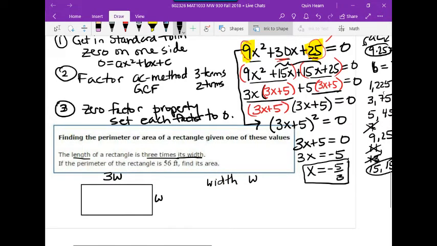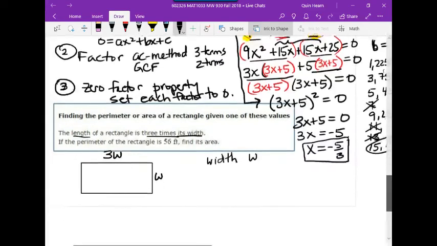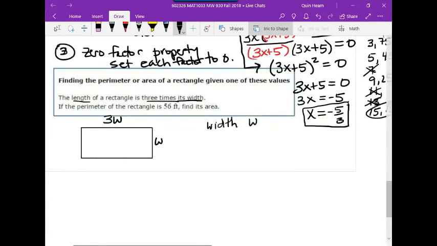Okay. Now, in order to work this problem, you have to remember how to find a perimeter and how to find an area. Perimeter is just adding up all the sides, the lengths of the sides. So let's label all the sides. So we have w, 3w, w, and 3w.